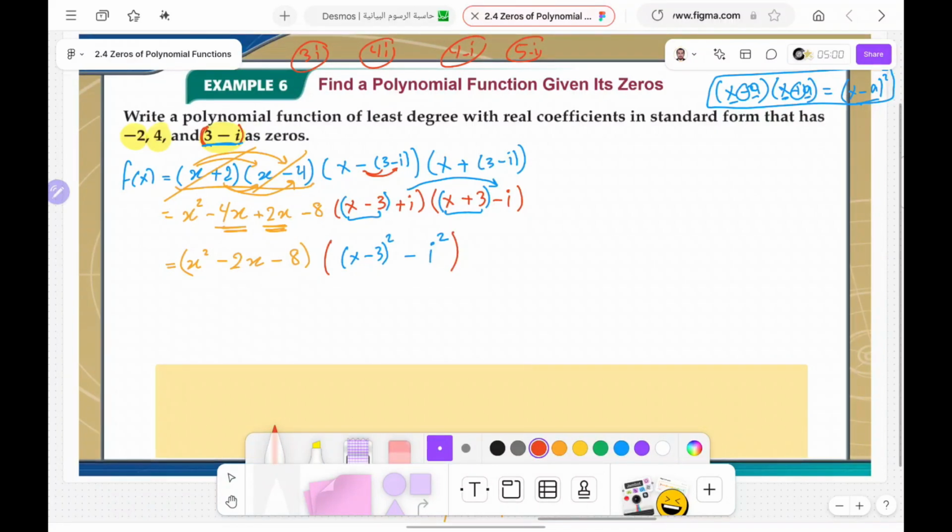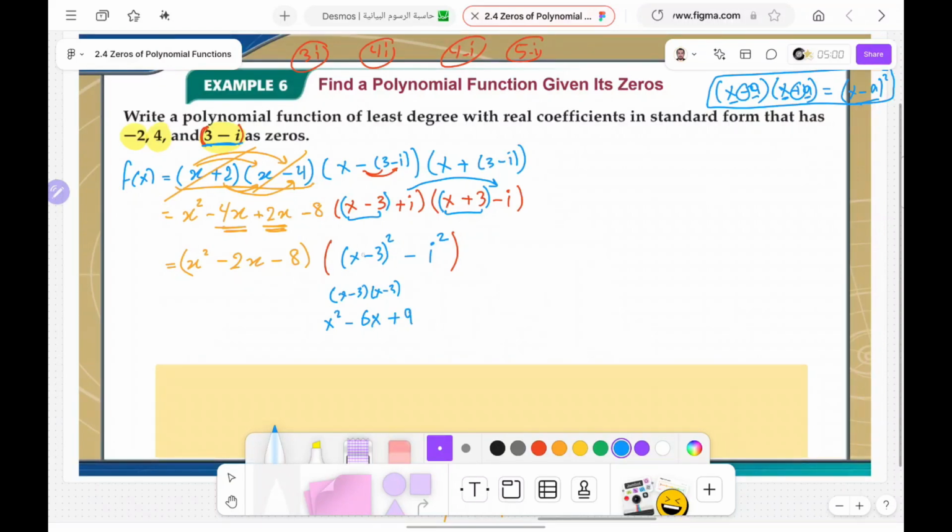Now let's simplify this bracket. This one means x minus 3 and x minus 3. So the answer after simplifying is x squared minus 6x plus 9.